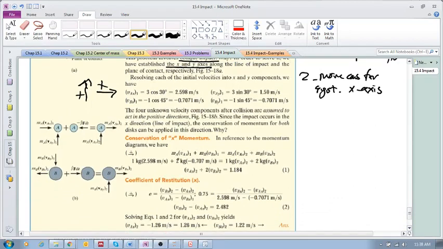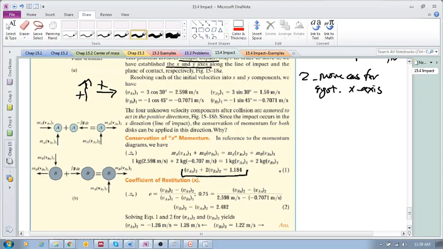We have momentum of disk A in the x direction at 1 plus the momentum of disk B in the x direction at 1 is equal to the final momenta in the x direction. So mass times velocity plus mass times velocity is mass times etc. Two unknown final velocities in the x direction.